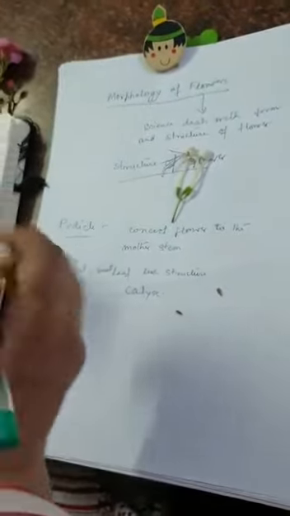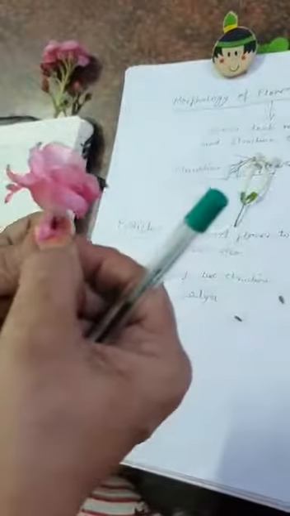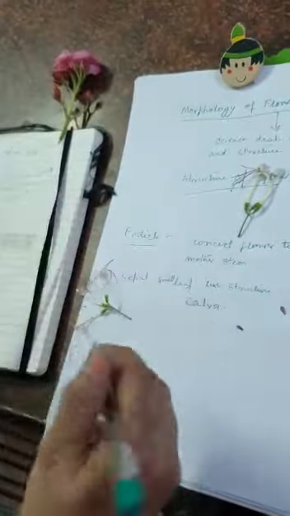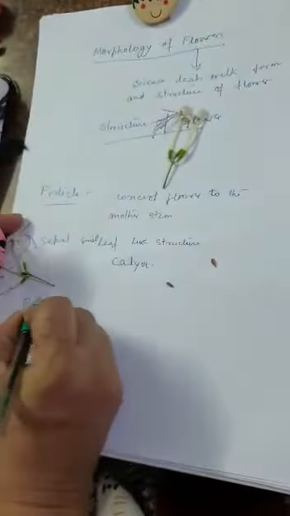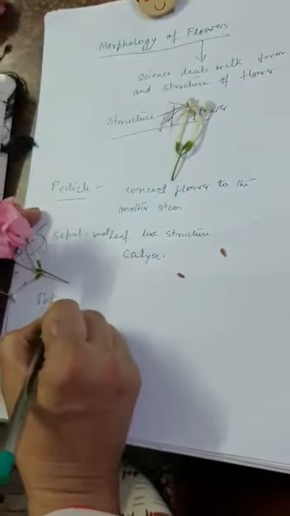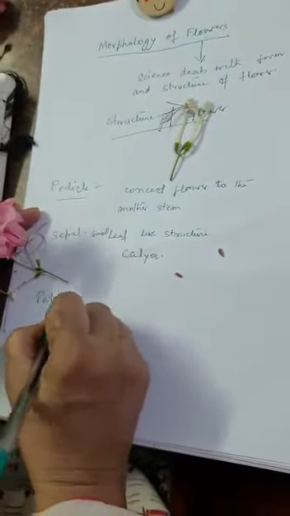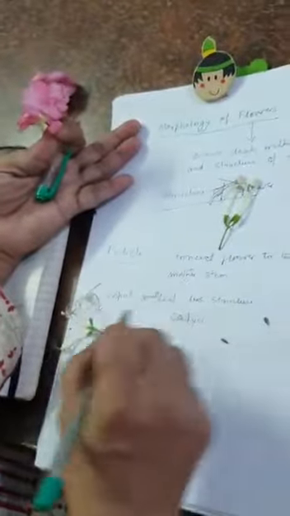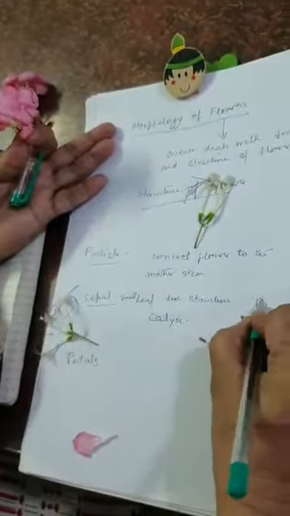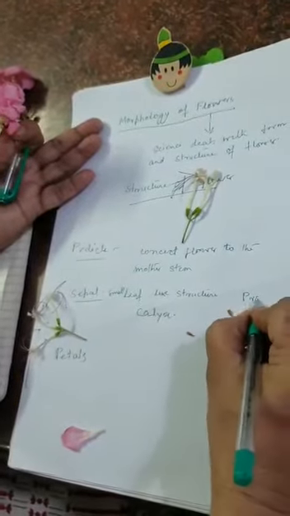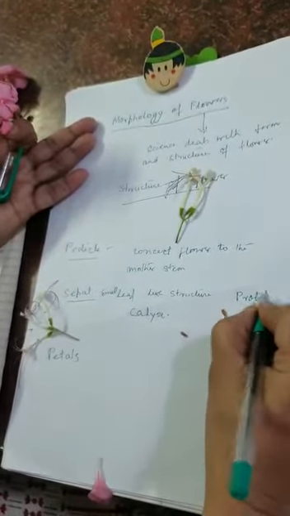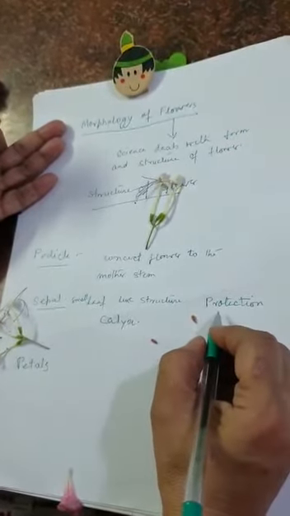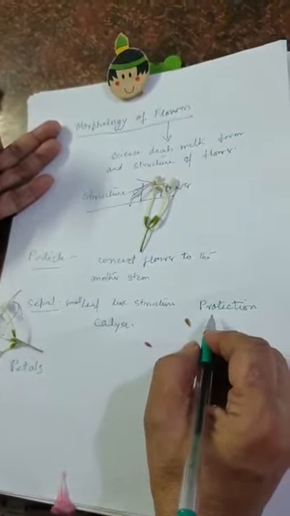Then come to the next part. These pink parts are the petals of the flower. The function of these sepals is protection. It protects the flower while it is growing.